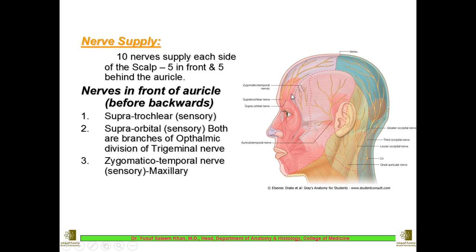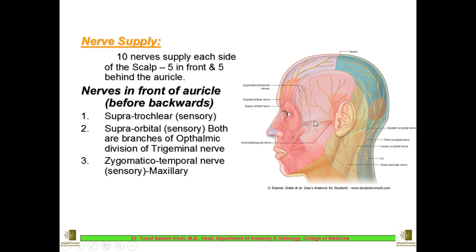Then the third nerve is the zygomatico-temporal nerve. This is the zygomatico-temporal nerve which is supplying the scalp. There is a branch from the maxillary division. This whole area is supplied by the ophthalmic division.